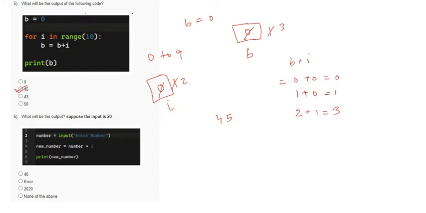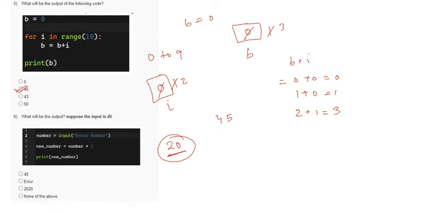In the next question it says, what will be the output? Suppose the input is 20. New number equals number into 2. In this case the input will be a string, so 20 is not an integer. In Python it will act as a string.